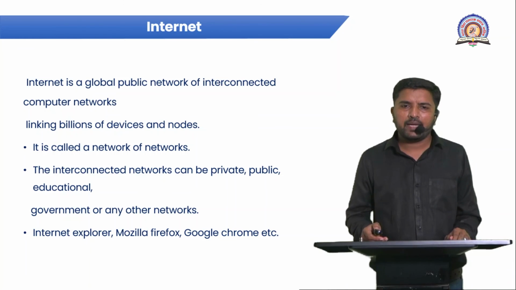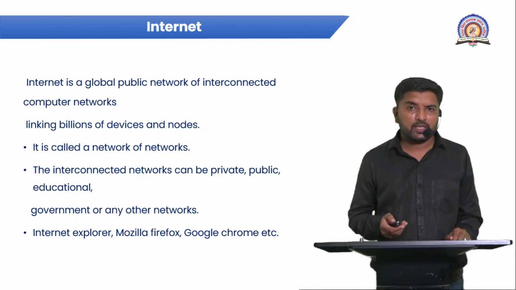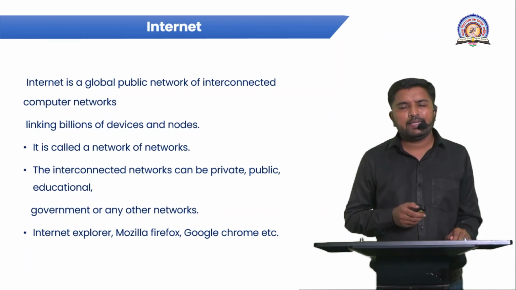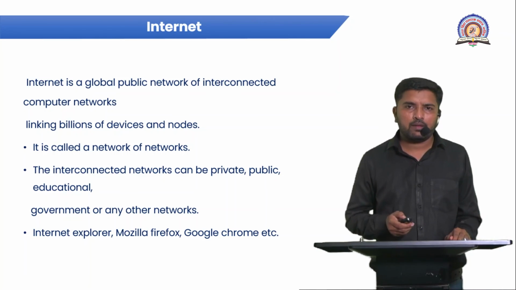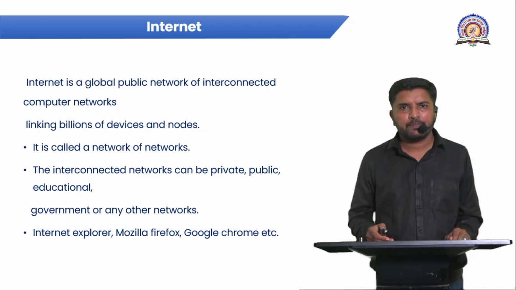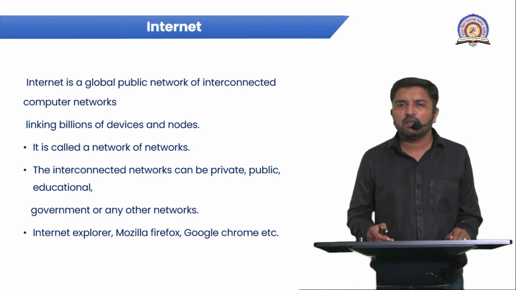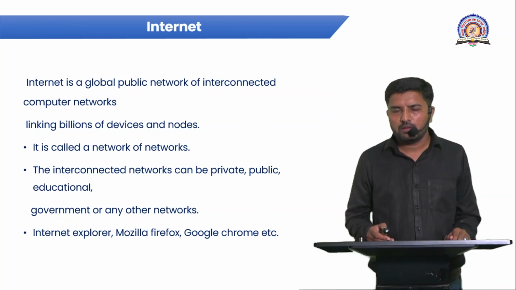That network can be public, private, educational, government, or any other network. The internet can be accessed by using various browsers such as Internet Explorer, Mozilla Firefox, Google Chrome, etc. Whenever we have to work with any application, we require the internet today, meaning the internet has lots of applications.